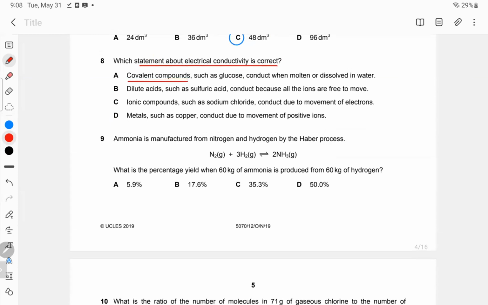Covalent compounds such as glucose conduct when molten or dissolved in water. No, covalent compounds do not conduct electricity in water, so it goes wrong. Dilute acid such as sulfuric acid conducts because all ions are free to move.